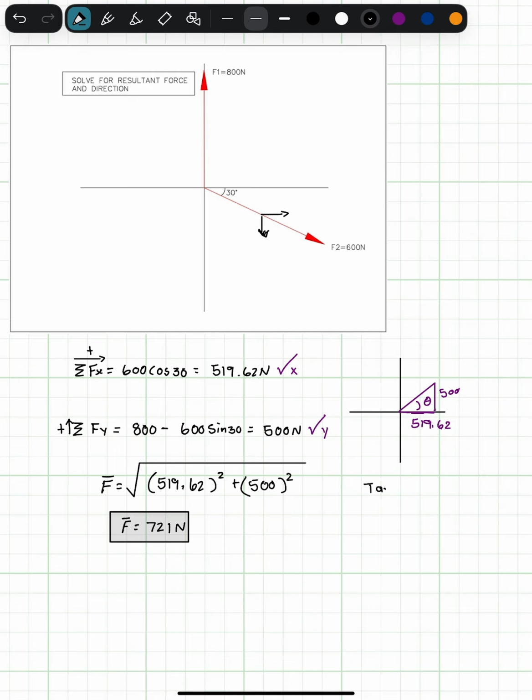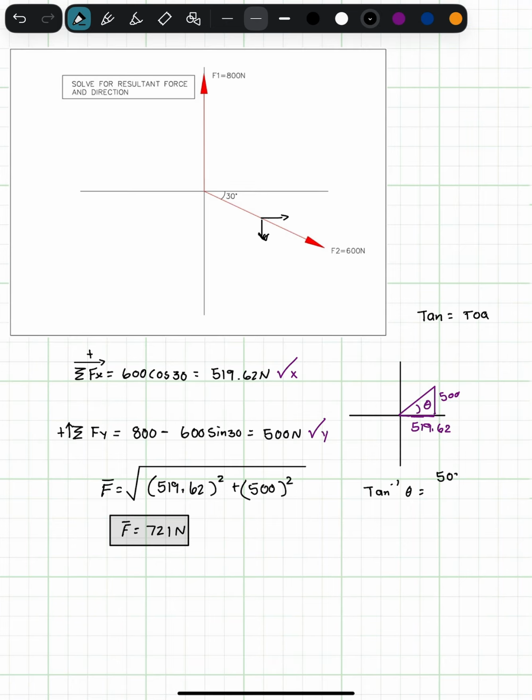Of course, it's the inverse tangent of theta, and tangent means TOA, which means opposite over adjacent. Opposite is opposite from this angle, 500, over adjacent. And adjacent just means it's adjacent to it. It's not the hypotenuse, it's adjacent to it in regard of like a straight line.